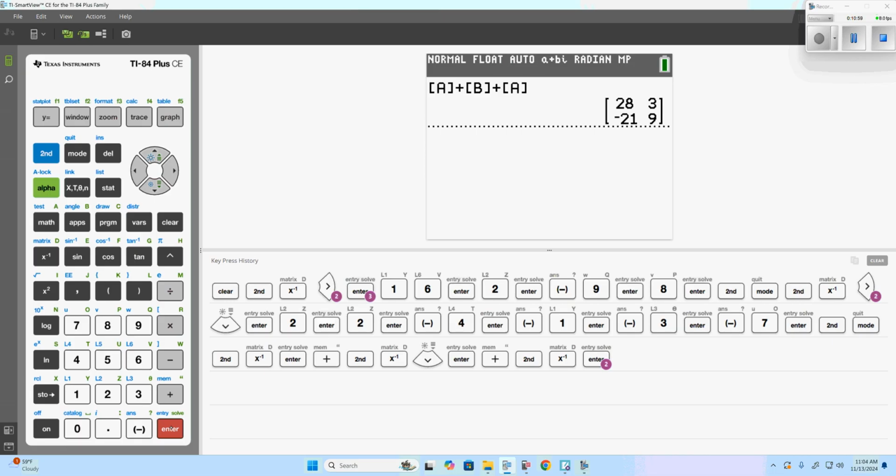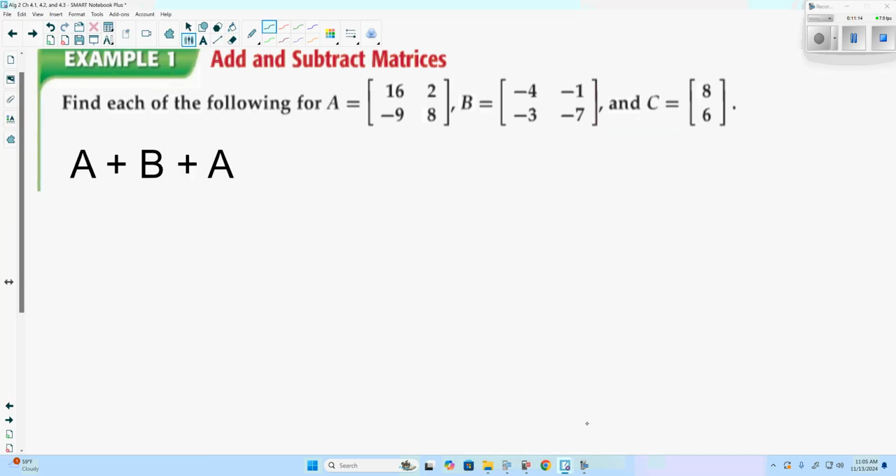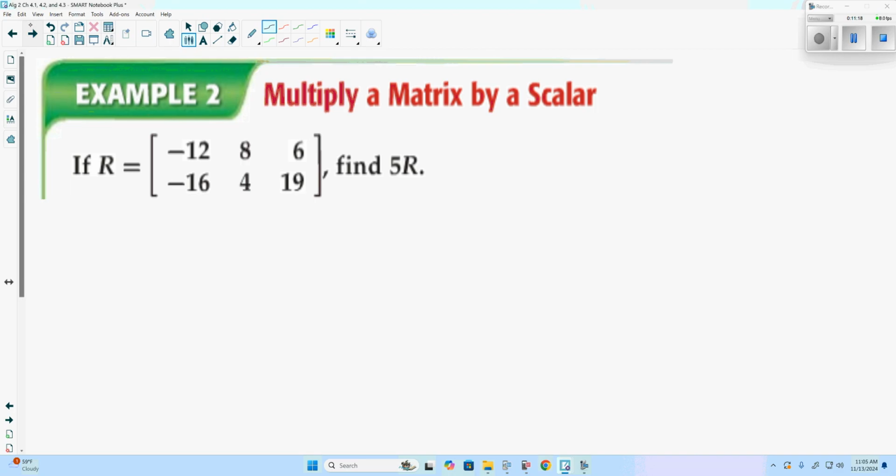Now, especially with addition and subtraction, we could probably do this one by hand about as quickly as we can doing it in the calculator. We're really not saving a lot of time with this here. Because really the first main step is just getting it typed in and going from there.